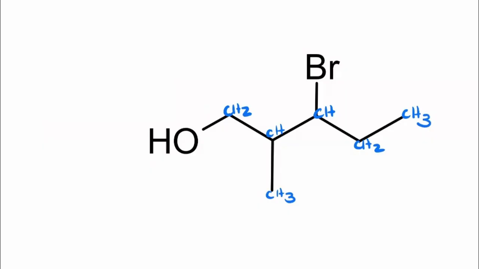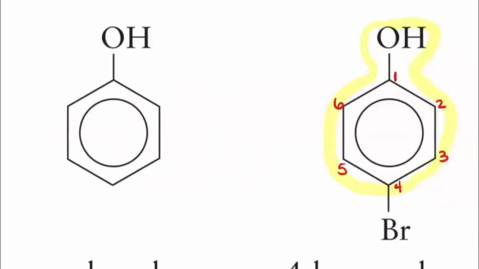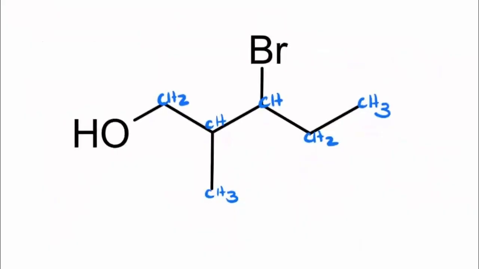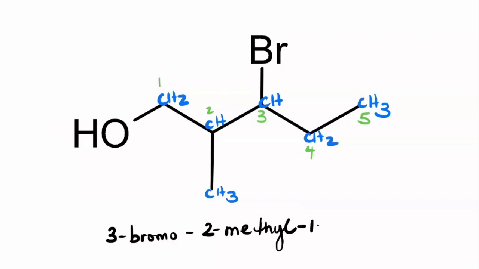This molecule specifically, if this is 1, 2, 3, 4, 5, is 3-bromo, 2-methyl, 1-pentanol.